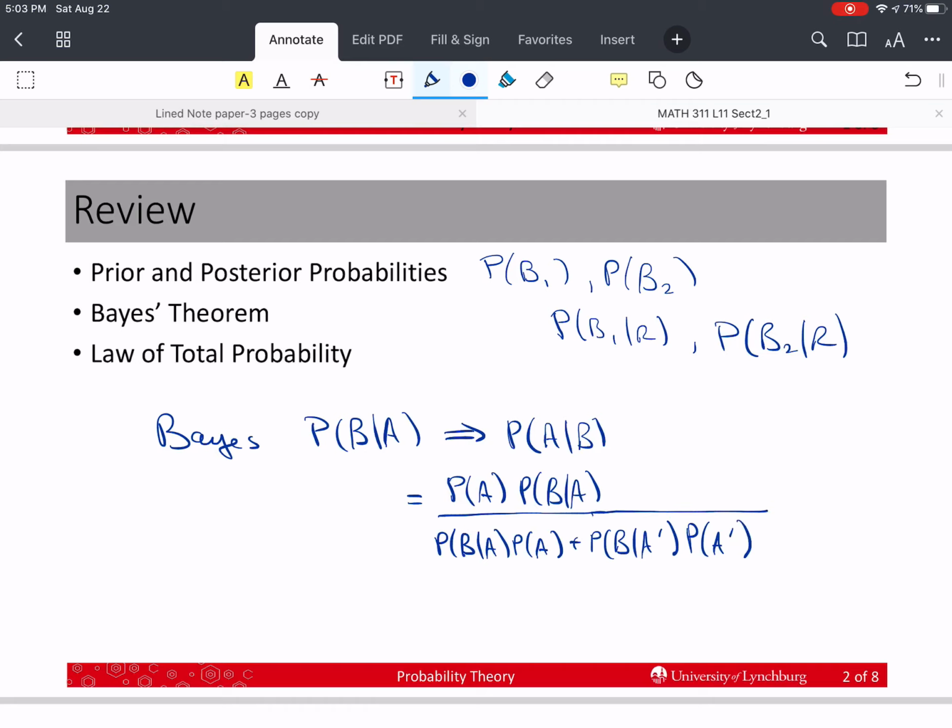And then we also talked about the law of total probability.